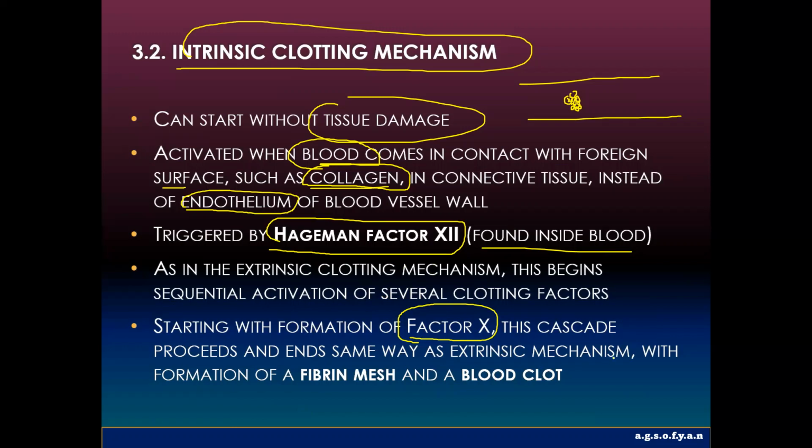And then at the end, this mechanism will also produce the fibrin, which is the conversion of fibrinogen into fibrin, and finally will cause the blood clot inside the blood vessel.